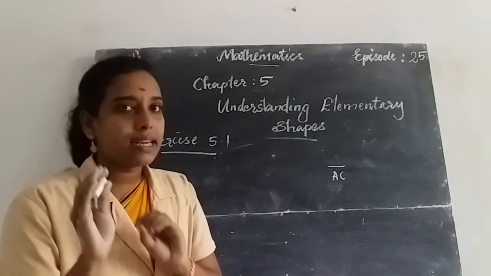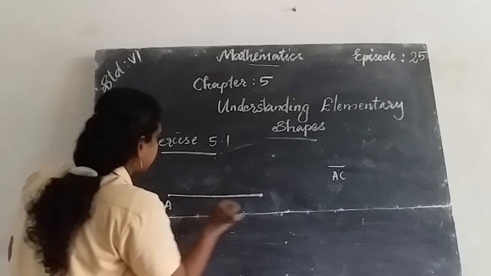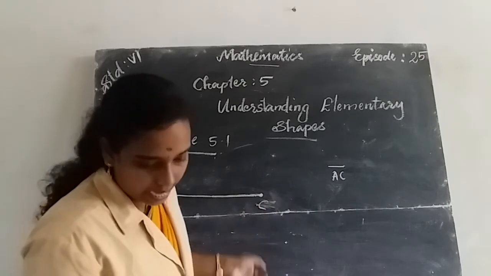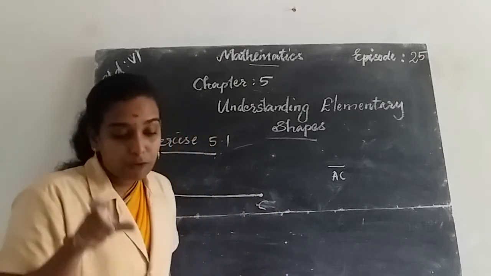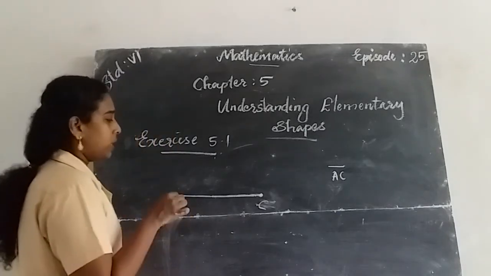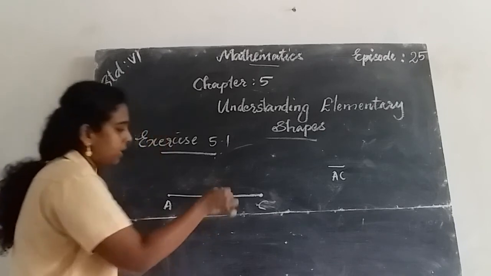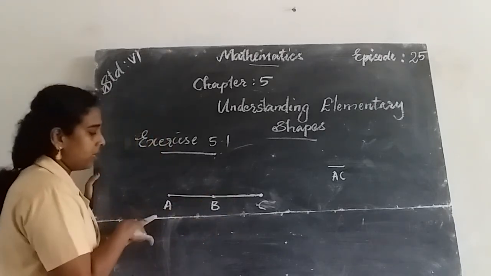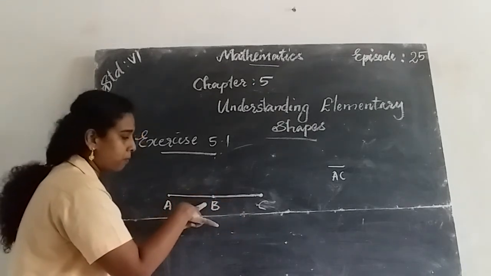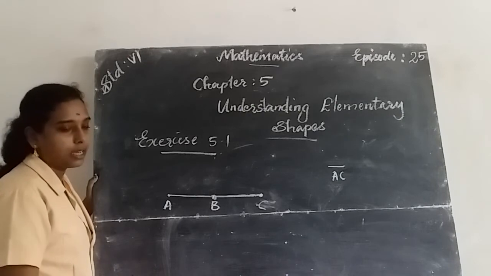First you draw a line segment AC and name the points A and C. Then, since B is the midpoint of line segment AC, mark point B between A and C. For that, first we draw the line segment AC, then mark the point B between A and C, as the midpoint of line segment AC.